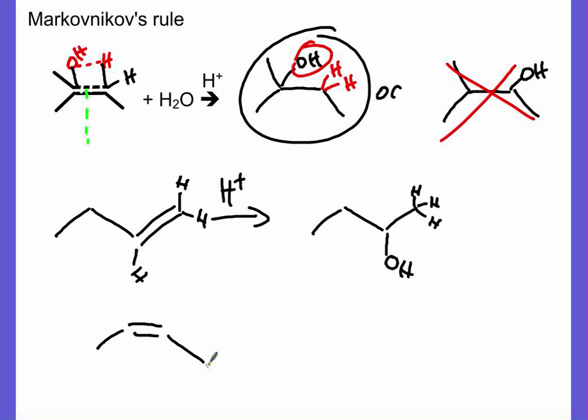You're still going to get one product, but Markovnikov's rule wouldn't have made a difference either here, because there's one hydrogen here, there's one hydrogen here. Neither side has more hydrogens. You're only going to get one product. And it doesn't matter which side you add it to, it'd be the same product either way. So in our original example, you only got one product because it was symmetrical to begin with.